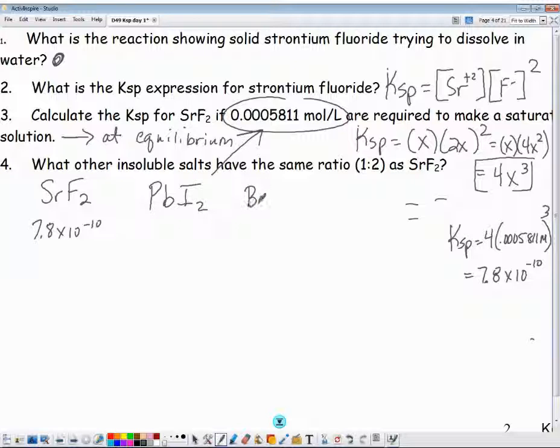Barium fluoride, good. Jordan? Lead chloride, lead 2 chloride, yes. And we'll do one more, Skylar. Calcium fluoride. Okay, calcium fluoride. All right, KSPs. This one is like what? 1.8 times 10 to the minus 5? What's lead iodide? 1.8 times 10 to the minus 10?